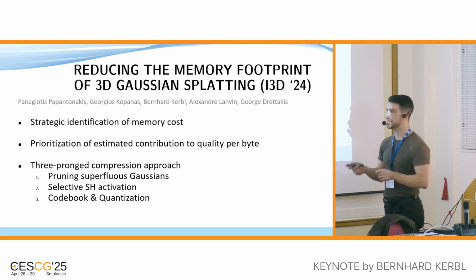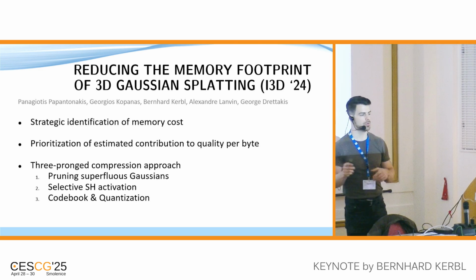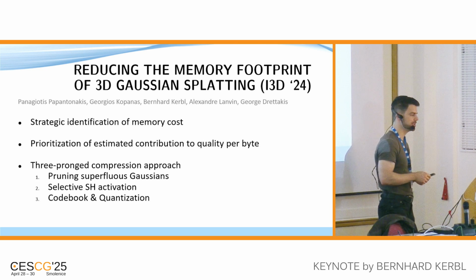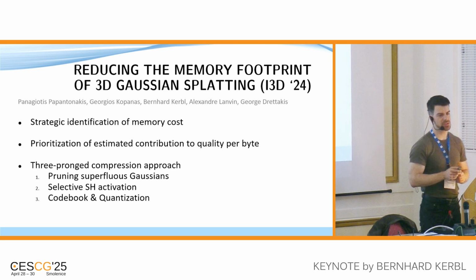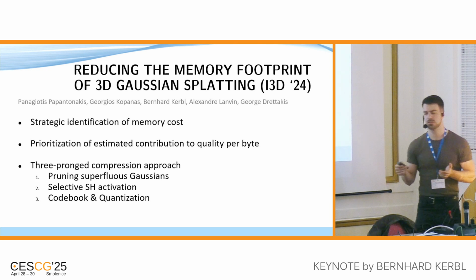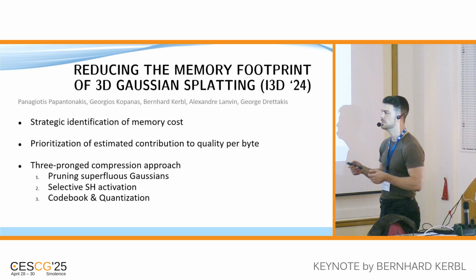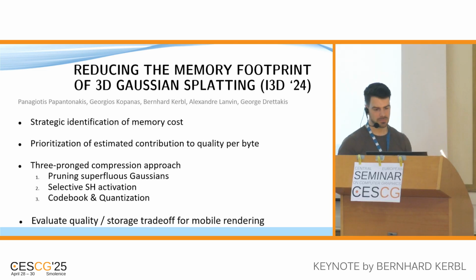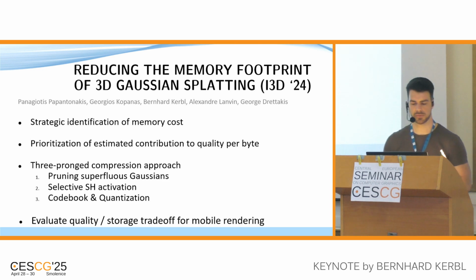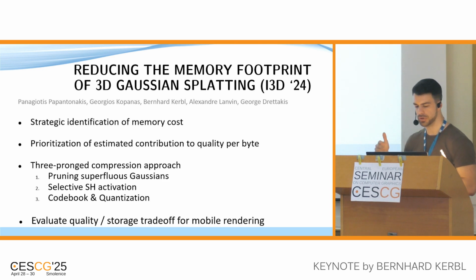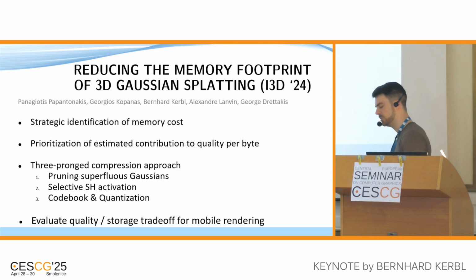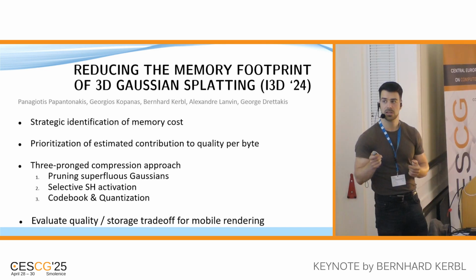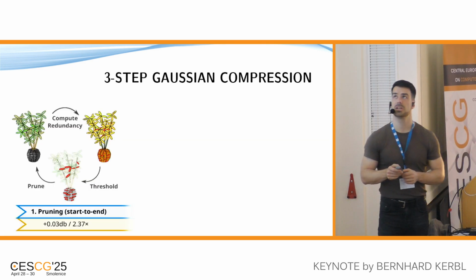We did some selective spherical harmonics, or color, initialization and activation, and we used some standard compression methodologies that are fairly common in the literature, which are codebooking and quantization. With all these in place, we then evaluated everything for a quality and storage trade-off, especially with a focus on mobile rendering.